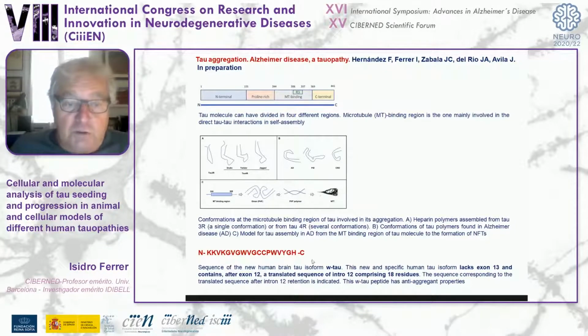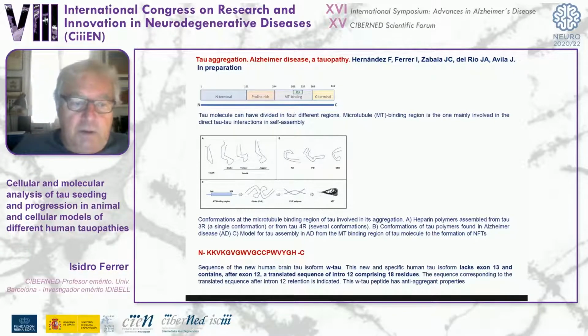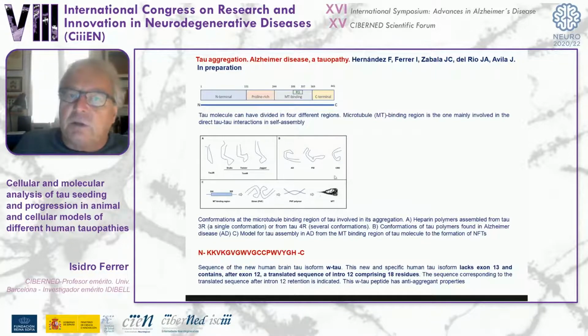It is also interesting that the group of Jesus Avila has discovered a new and specific human tau isoform that lacks exon 13, and after exon 12, it is translated into another peptide comprising 18 residues.